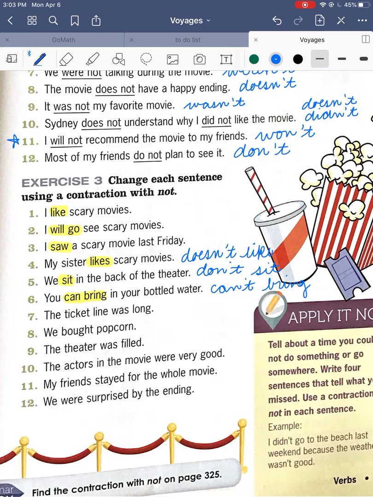The ticket line was long. So was long, or you would change it to wasn't long. We bought popcorn. So instead of we bought popcorn, we didn't buy.